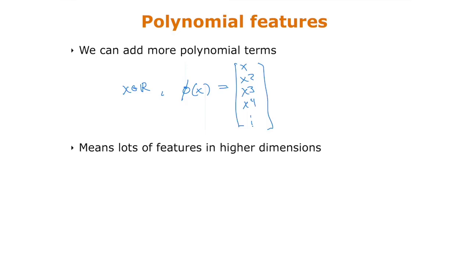Now, adding these features results in more and more features if x is already higher dimensional. So when x is actually 2-dimensional, so it lives in R2, then if we just include the second order features, we will get a lot more here.